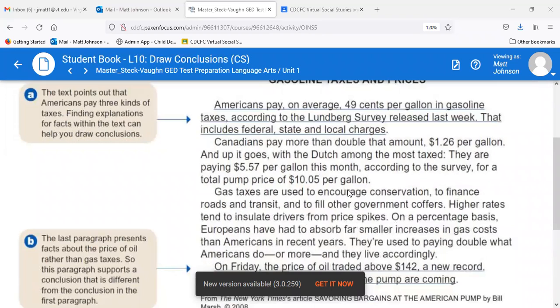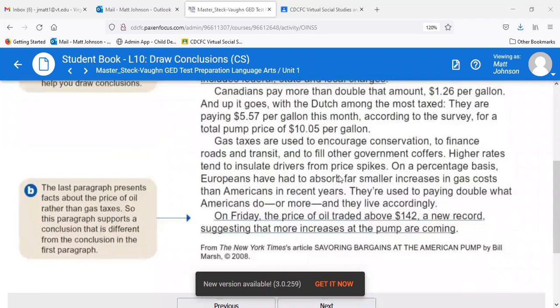Canadians pay more than double that amount, $1.26 per gallon, and up it goes, with the Dutch among the most taxed. They are paying $5.57 per gallon this month, according to the survey, for a total pump price of $10.05 per gallon. Gas taxes are used to encourage conservation, to finance roads and transit, and to fill other government coffers.